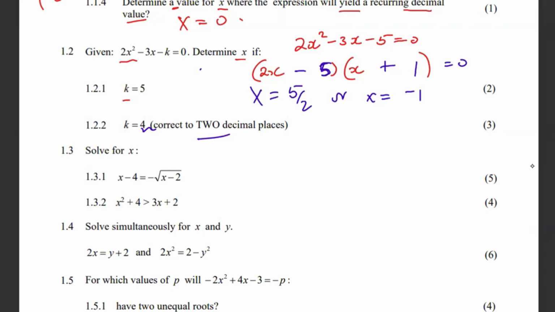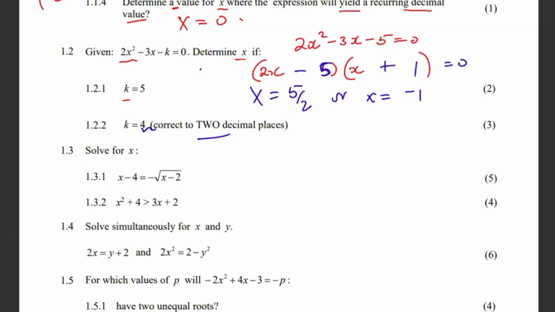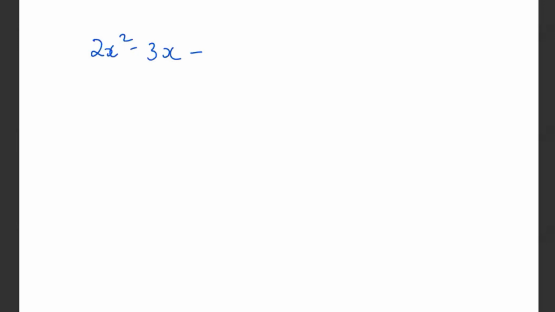So we must use the quadratic formula. So 2x squared minus 3x. They said if x is a 4, which means minus 4 is equal to 0. So our a is 2, b is -3, c is -4.